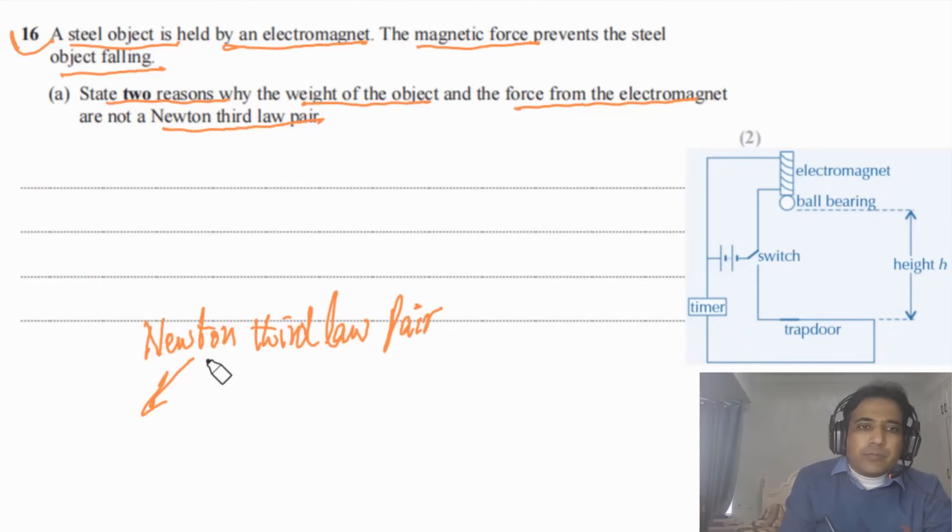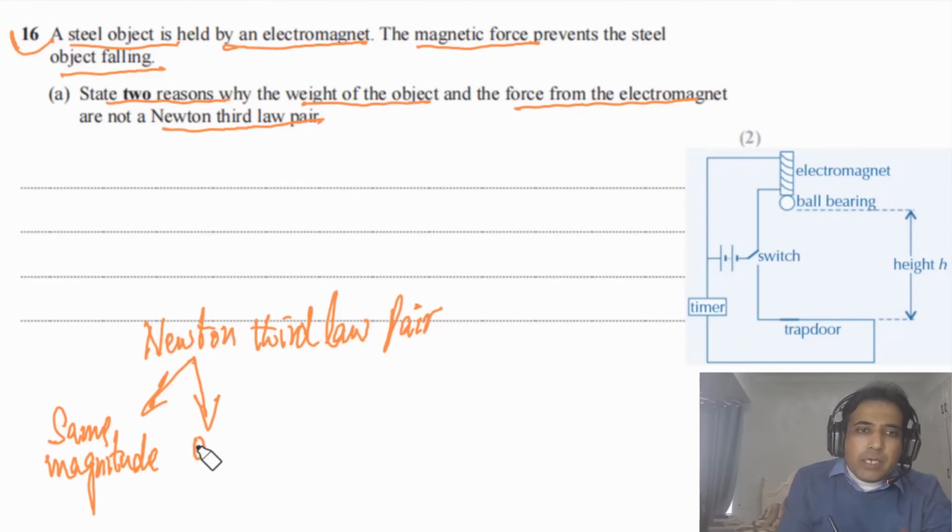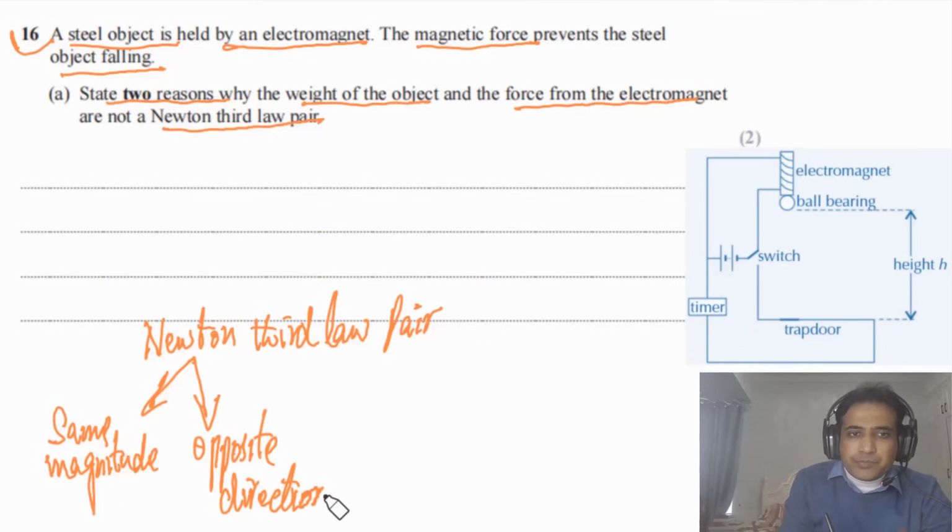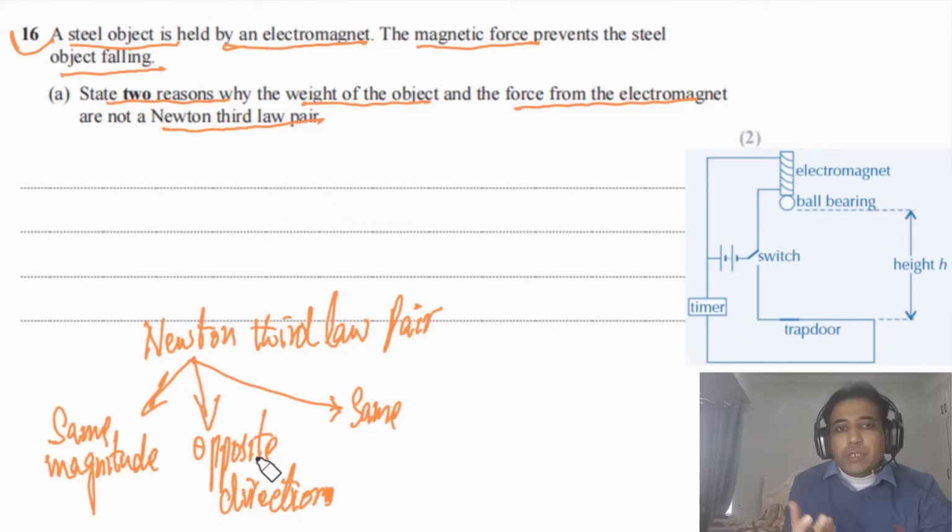So the first thing, Newton third law pair forces should have the same magnitude of force, same magnitude and opposite direction. And there should be two forces of the same type. Very important. Students mostly simply remember same magnitude, opposite direction, but that is not the whole story.